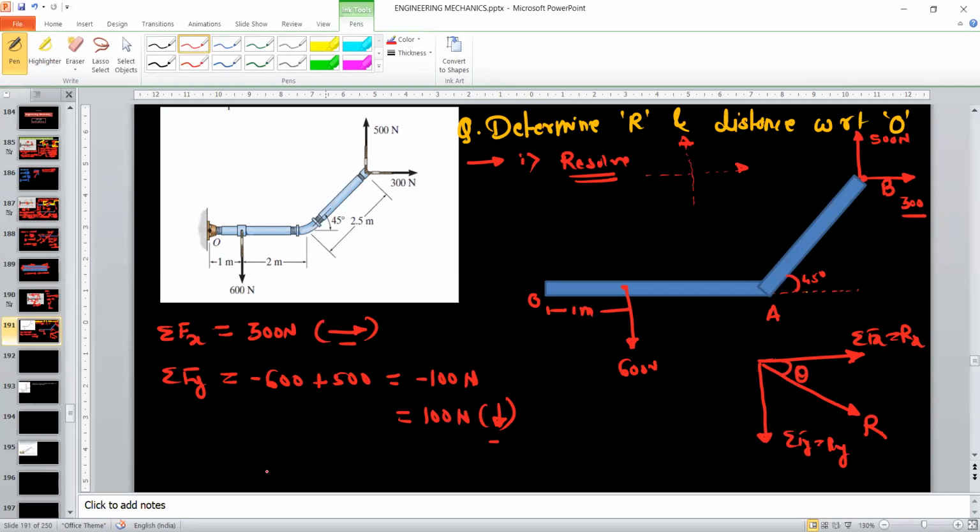So next step is to find out the resultant using this formula, square root of summation Fx squared plus summation Fy squared. So get this value of resultant. So your resultant is equal to 316.29.